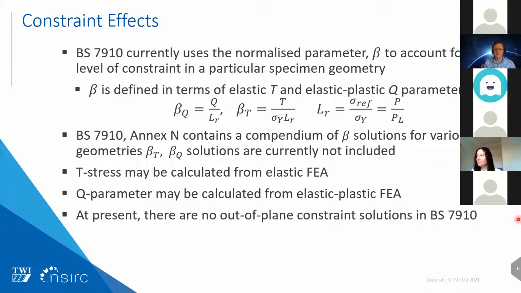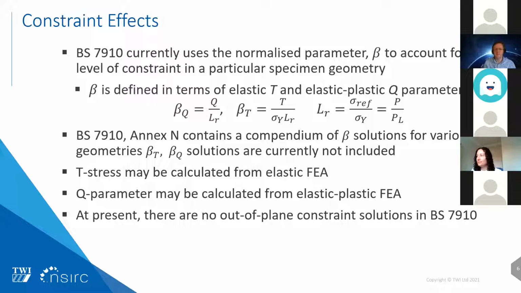Both of these parameters are expressed in terms of the normalized structural constraint parameter beta, where beta T and beta Q both depend on the geometry of the specimen or the structure, the flaw size, material properties, in particular the strain hardening exponent, and the loading configurations.